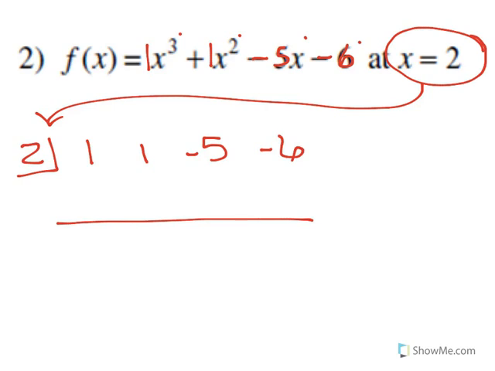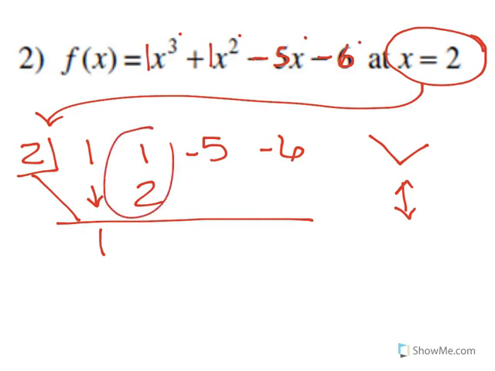Now we're going to bring down our first number. So this first number comes down, and remember, you multiply in a V pattern that goes kind of like a backwards check mark, and then you'll add up and down. Okay, so multiply 2 times 1, and you're going to get 2. Add your columns together. You're going to add these two numbers together, and you get 3.